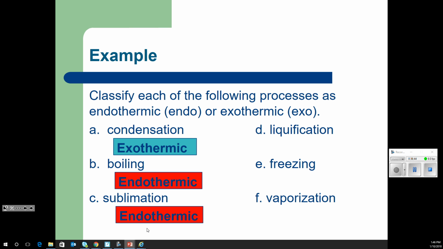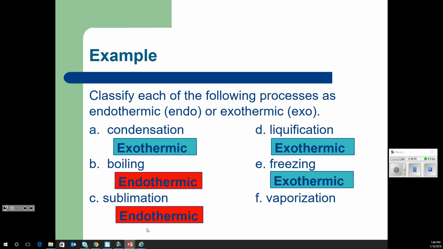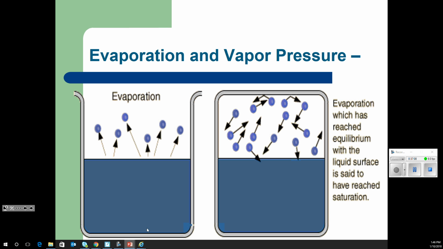Okay, it's going to be endothermic. It's going to say exo, but it's endo. Okay, what about freezing? Liquid to gas, or liquid to solid. Exo, good. And what about vaporization? Endothermic, good. All right, so you need to be able to tell me what's happening, endo-exothermic. Let's go on to this next one.